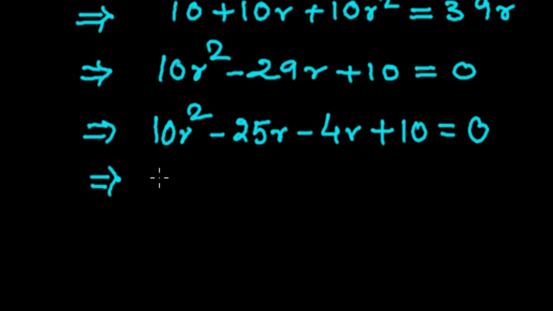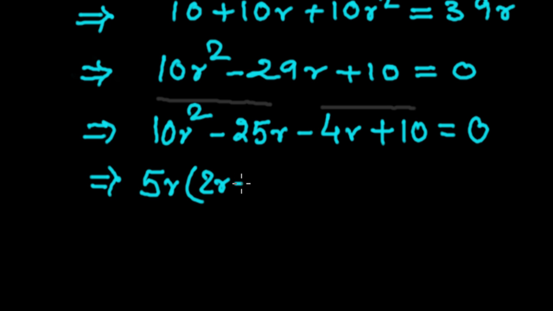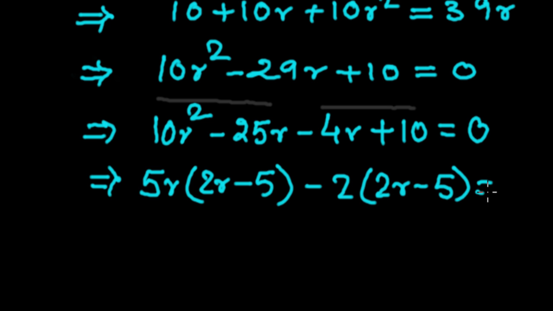This implies we take 5R outside from the first two terms and 2 outside from the last two terms, so 5R(2R minus 5) minus 2(2R minus 5) is equal to 0.